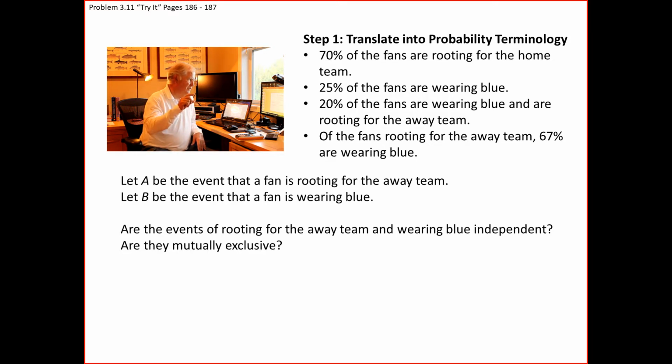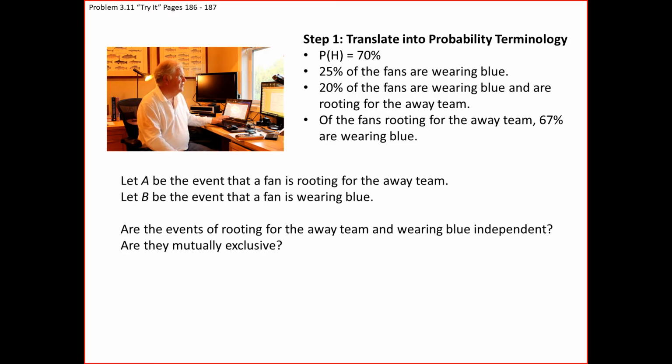Let's call the fans rooting for the home team H. The way you would rewrite this is the probability of H is 70%, meaning if you've got 1,000 people in an arena, you go look at row 27, seat A, and without knowing anything about the poor guy sitting there, you know that there's a 70% chance that he's rooting for the home team. Okay? That's what that means. And likewise, that poor guy, you know that there's a 25% chance that he's wearing blue. You would write the probability of wearing blue is equal to 25%.